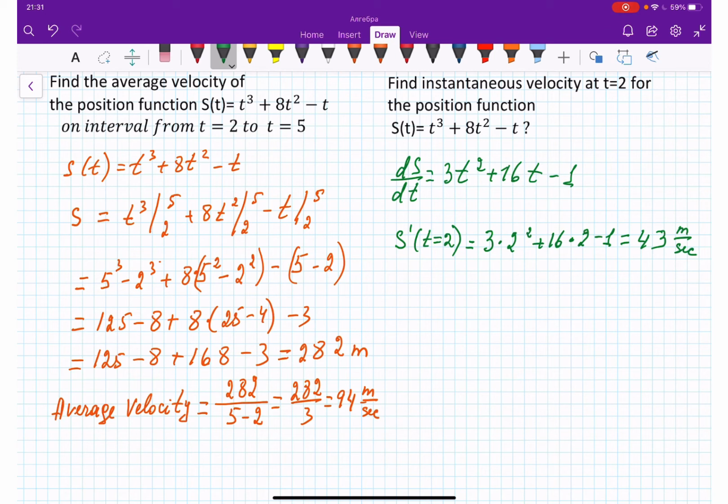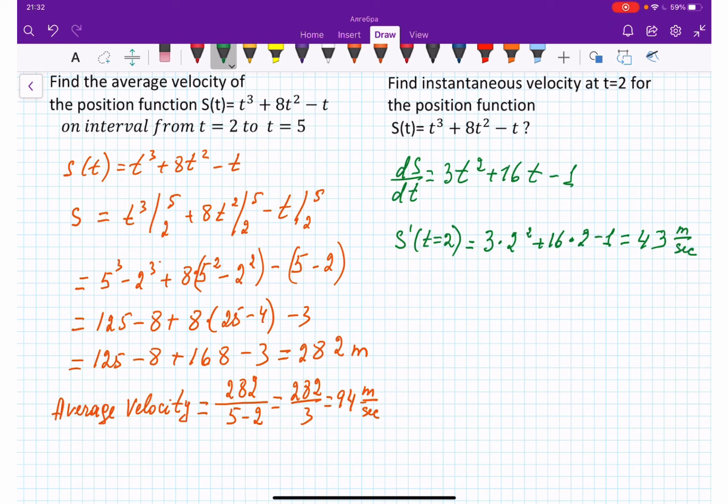But what's the difference between average velocity and instantaneous velocity? Not mathematically, but meaning-wise. The instantaneous velocity is the specific rate of change of the position, or displacement, with respect to a single point. It's practically the rate of change of the position at the specific point, in this case 2.